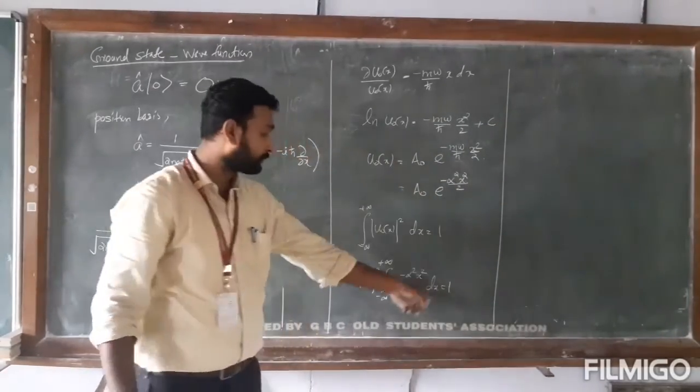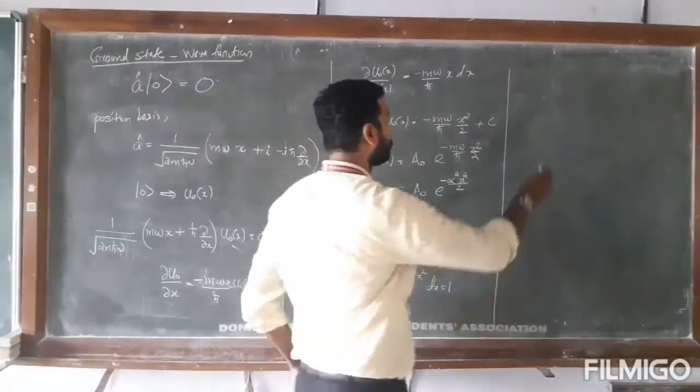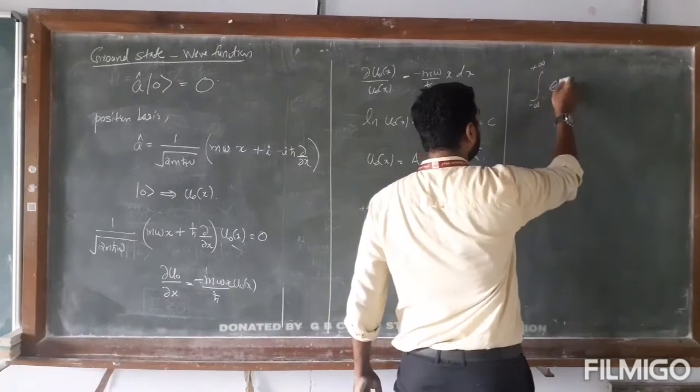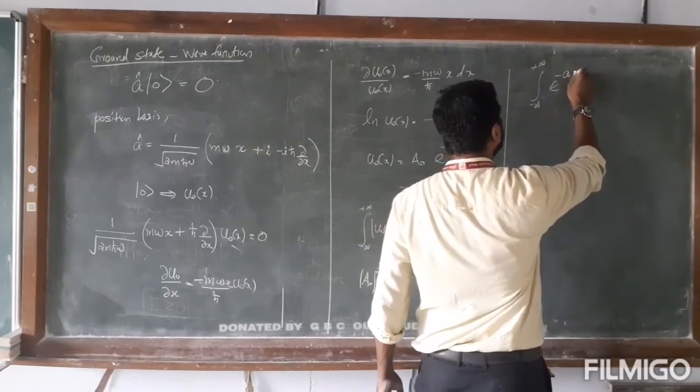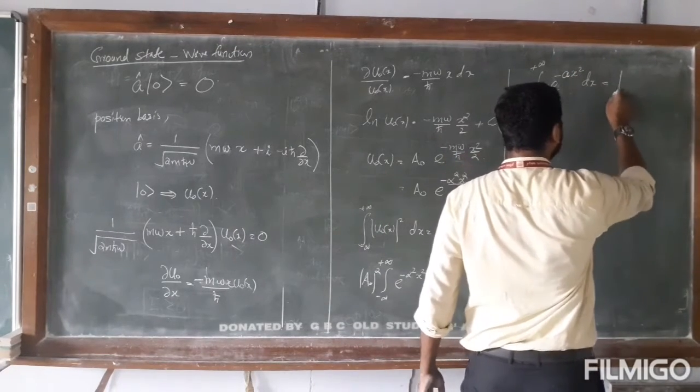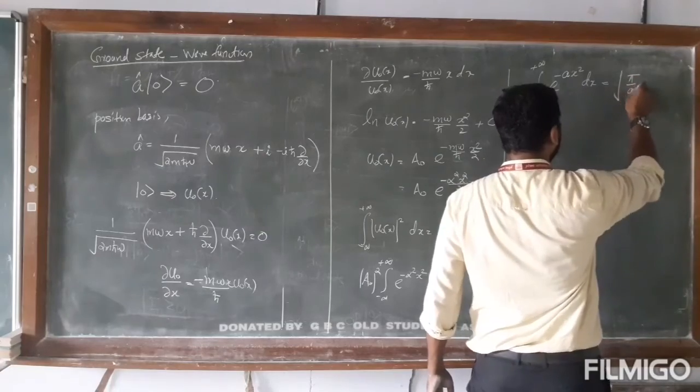So this is the integration of a Gaussian function. Integration of a Gaussian function is well known. The integral from minus infinity to plus infinity of e raised to minus a x squared dx is root pi by a.